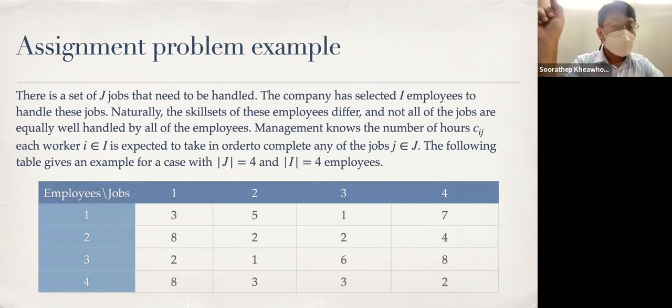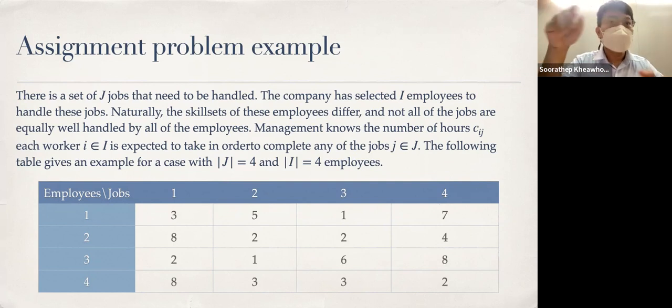And you see that if each element is 0, it means that employee does not take that job. But if it is 1, it takes that job. So if we multiply each element of Cij by Xij, we obtain the number of hours that employee takes for that job.